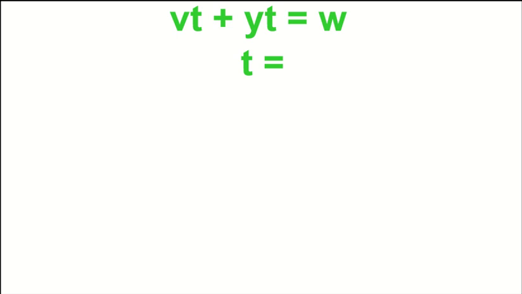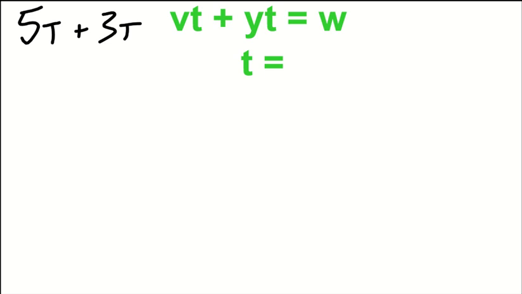If you multiply them. So look, if I got Vt plus Yt, let's pretend I had 5t plus 3t. What would that be? 8t, right? So we'd add the coefficients, right?